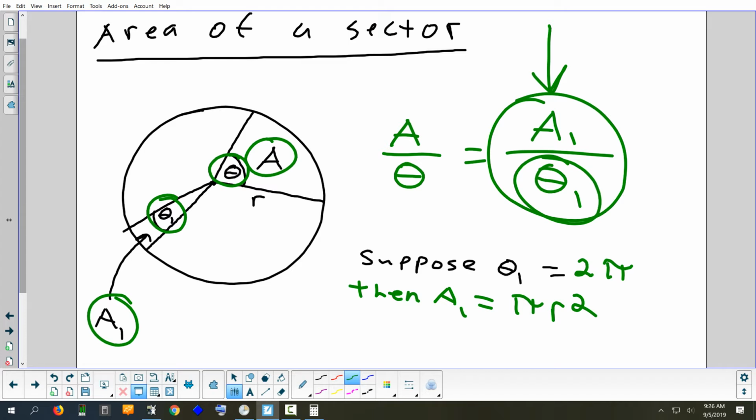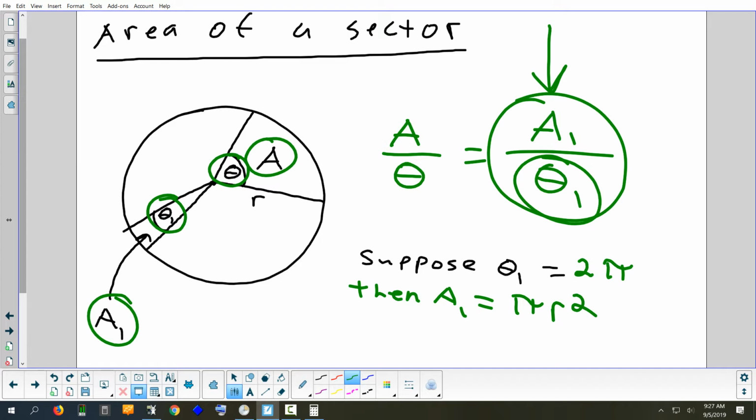That's 180. If we did half a circle, then the area here would be 1/2 pi r squared. Okay. Doesn't matter what fact you use. 1 foot is 12 inches, 4 feet is 48 inches. You just have to start with something that's true. Doesn't matter what. But that's definitely true.